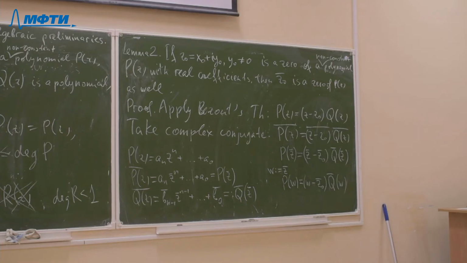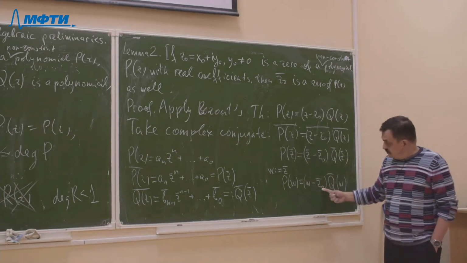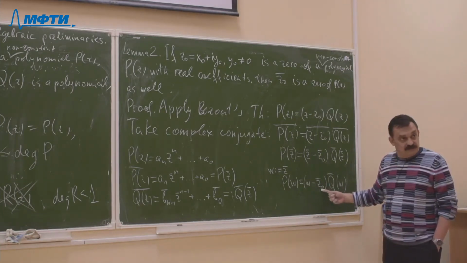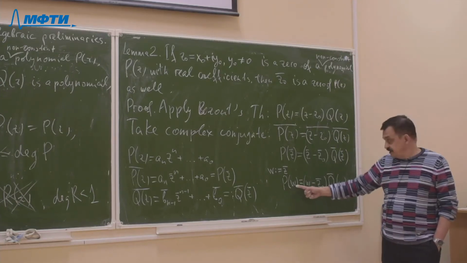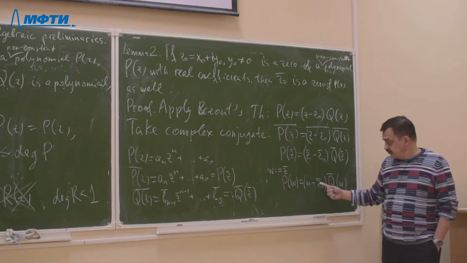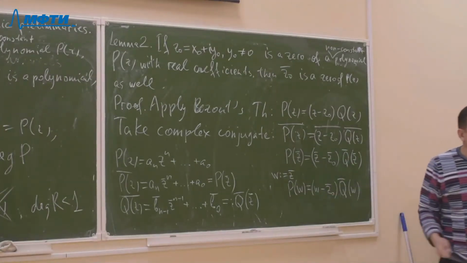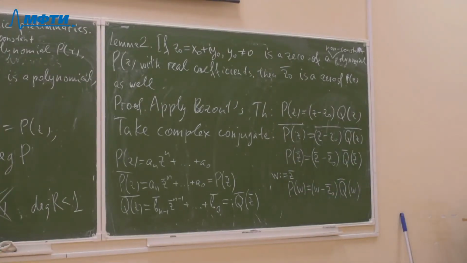What does it mean? It means that z naught conjugate is a zero of p as well, right? So if we substitute w equals z naught conjugate, we have 0 on both sides. So the theorem is proved, right?